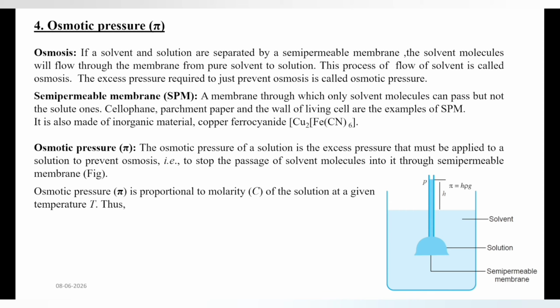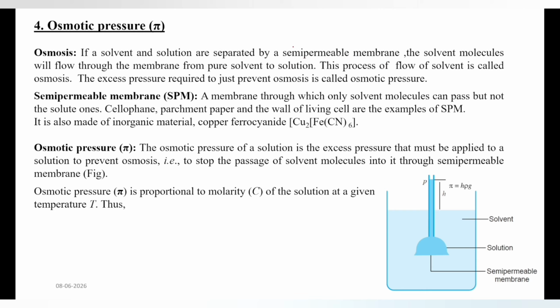Before we start osmotic pressure, we must know what osmosis is. If we separate two components, a solvent and a solution, by a semi-permeable membrane, in short called SPM, semi-permeable as the name suggests means only a certain type of particles can pass through this membrane, not all.